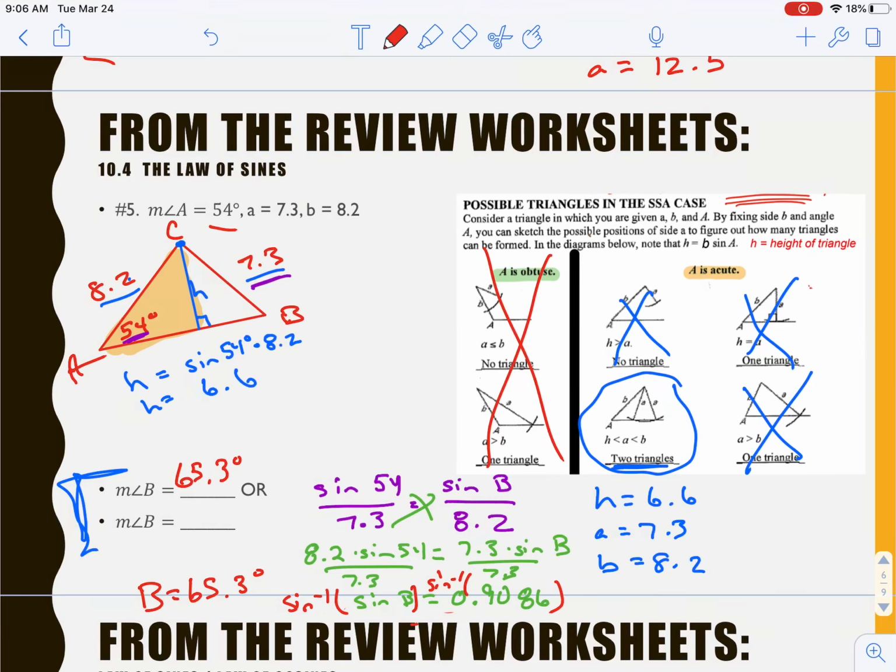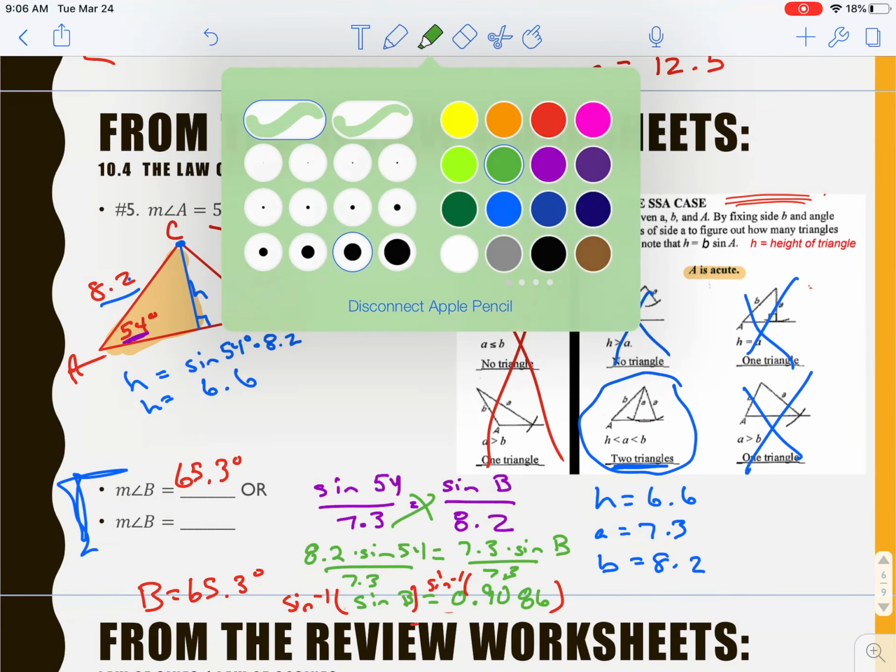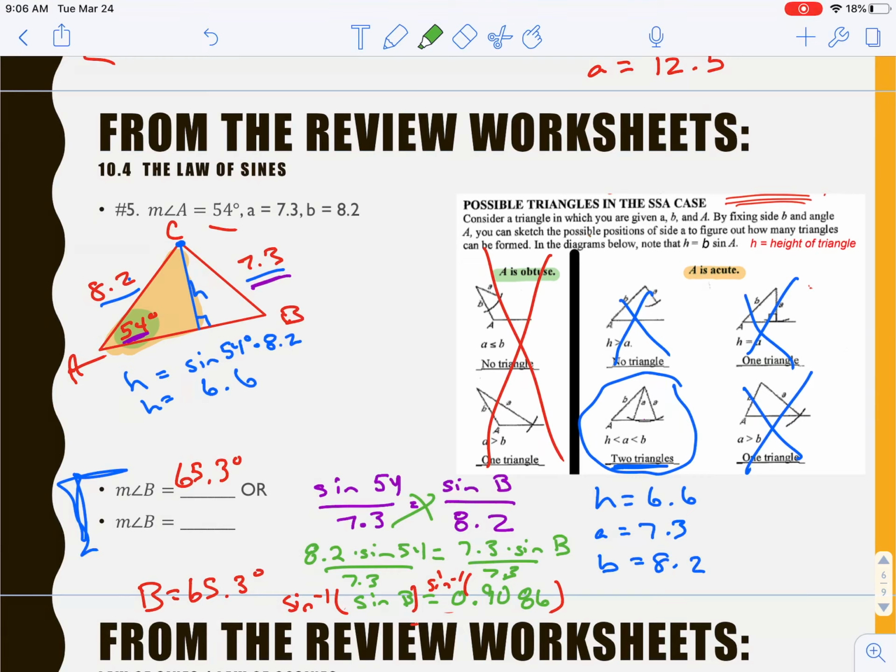All right, now if we remember correctly, to find the other option is pretty straightforward, it's pretty easy, and it's based upon this concept. Well, we need to have a 54-degree angle. Let's use my highlighter here. We need a 54-degree angle. We need this side to be 8.2, and we need this side to be 7.3 because that's what we've been given.